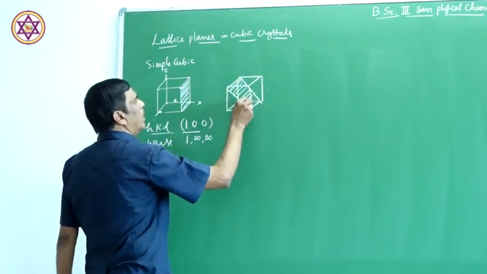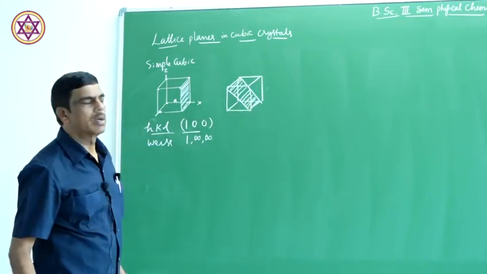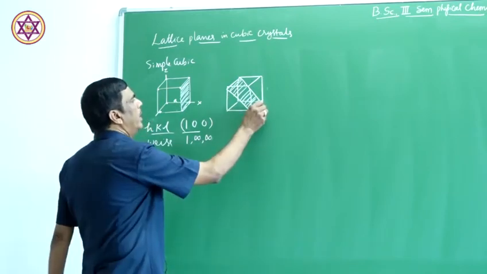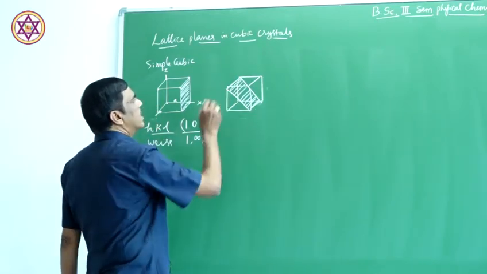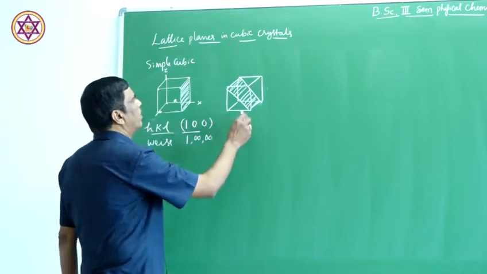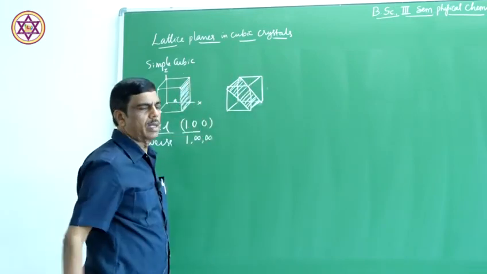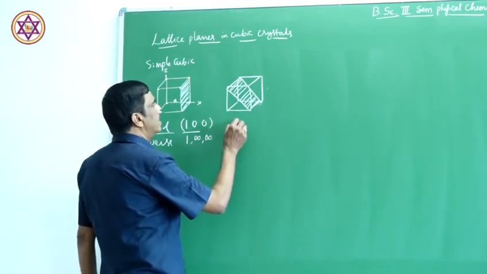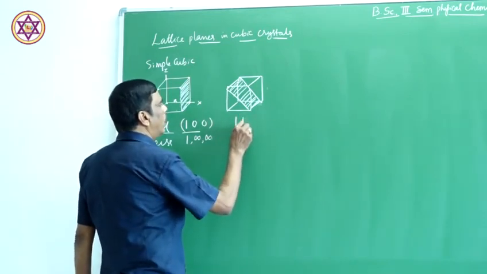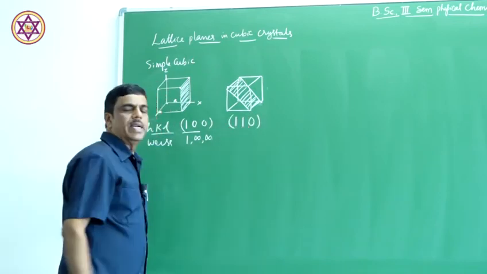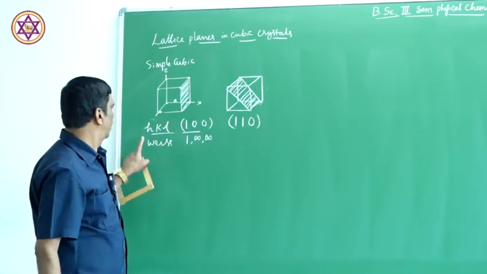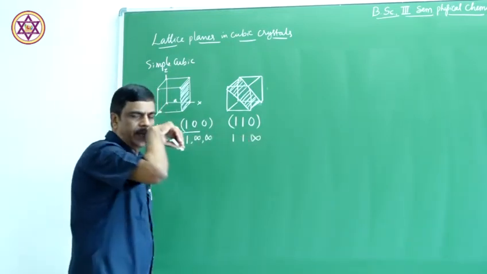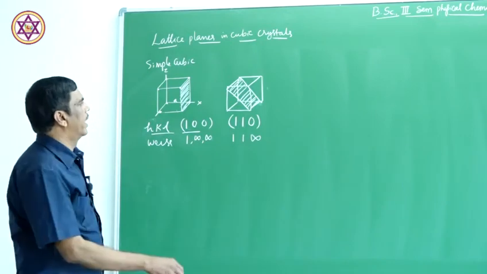This plane of simple cubic lattice has intercept in the x direction of 1 unit, and intercept in the y direction is also 1 unit, and it is parallel to the z axis. Therefore, HKL in this case is 1, 1, 0. Miller indices for this plane are 1, 1, 0. Weiss indices are 1, 1, infinity. This is another plane in another direction.